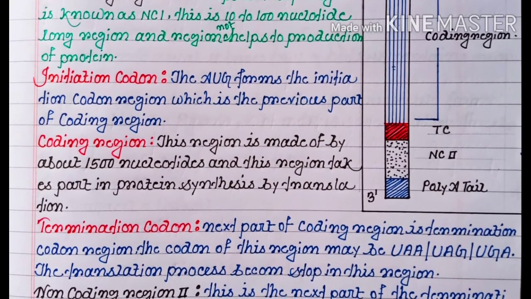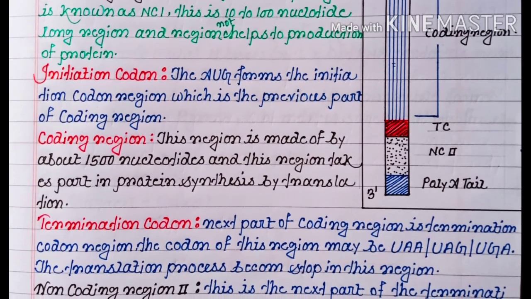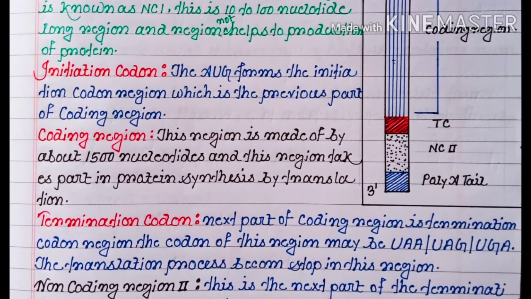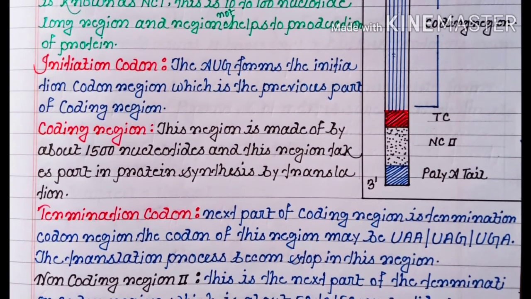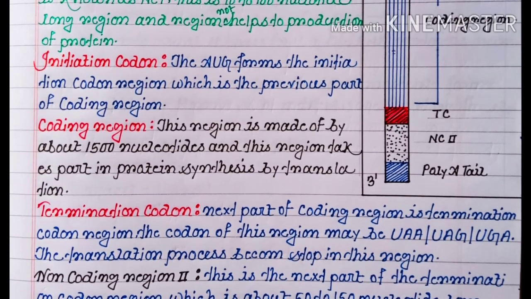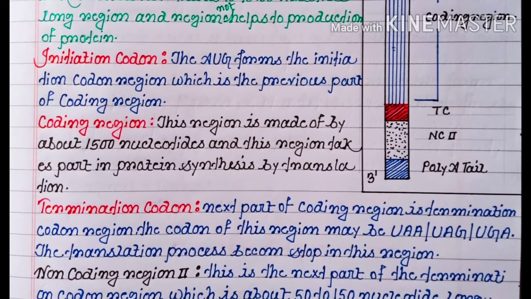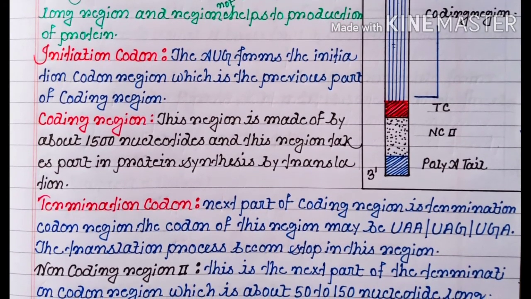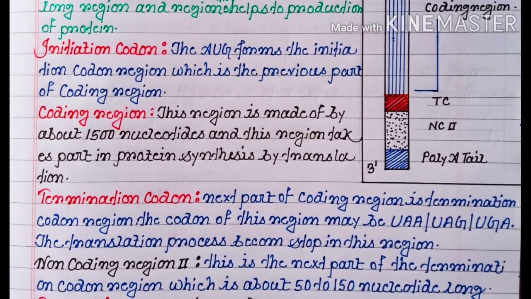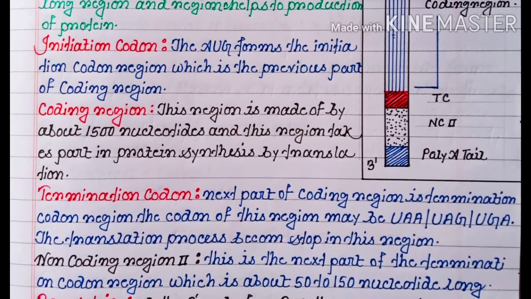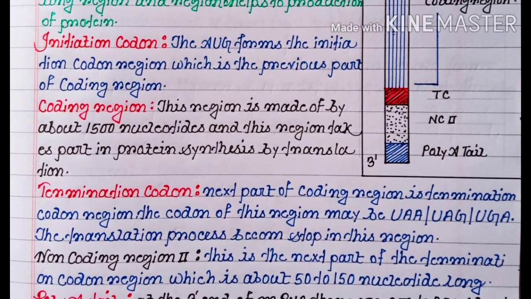And at the termination codon region, the translation process totally stops. Next, the non-coding region 2. This is the next part of the termination codon region, which is about 50 to 150 nucleotides long.